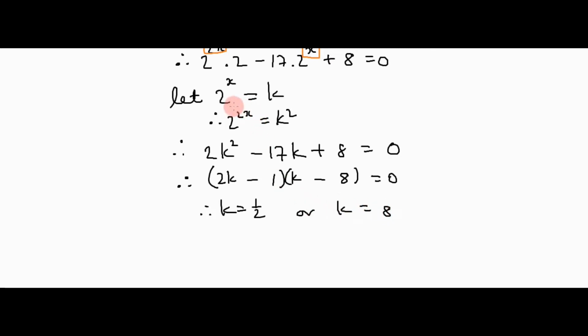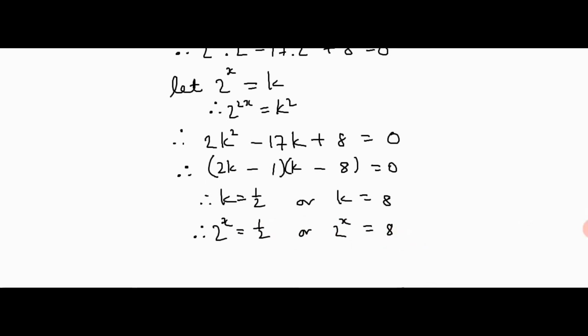We now bring our x's back in. 2 to the x is equal to k. So that means that 2 to the x equals a half, or 2 to the x equals 8. We now have an exponential equation where the unknown or variable is in the power. So we want to make the bases the same.